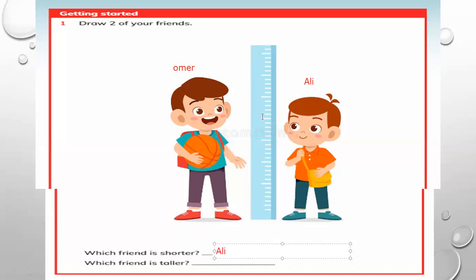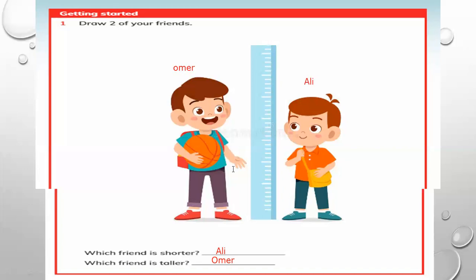As you can see with the help of a ruler, we can see that Umar is taller than Ali. So which friend is taller? Umar is taller. So I'm going to say that Ali is shorter than Umar, and Umar is taller than Ali.